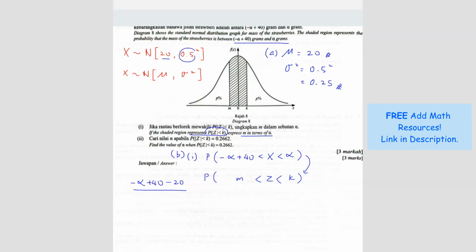Standard deviation is 0.5. If you take with the square, it's actually variance, so we only take the 0.5, equals to m, because you're converting it to standard normal distribution. So we can solve from here. Negative alpha plus 20 equals 0.5 m.